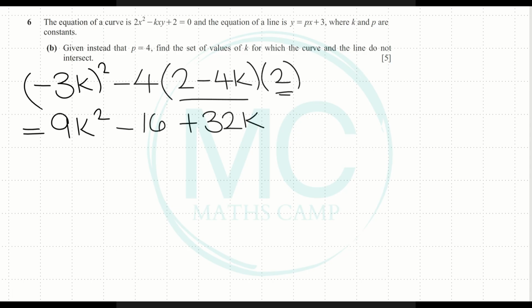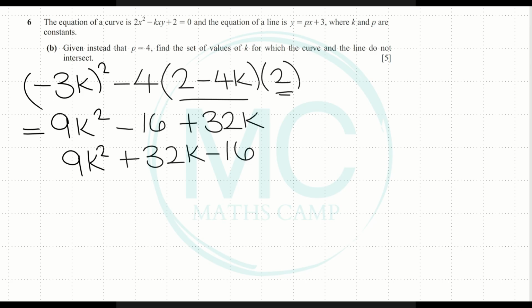I always find that it's easier working with quadratics when our exponents are in descending order. So let's rewrite this as 9k squared plus 32k minus 16.